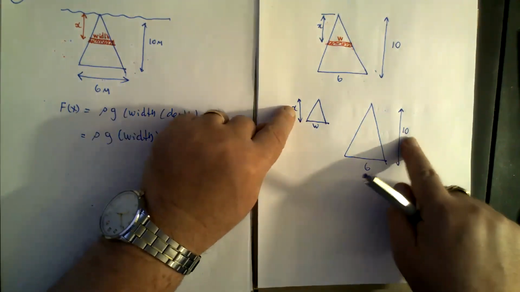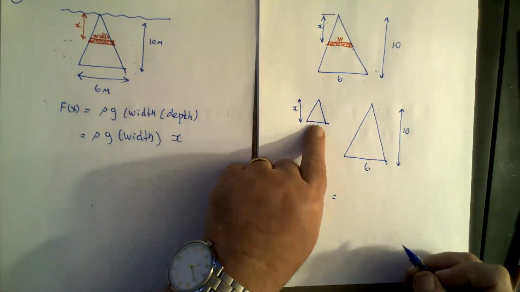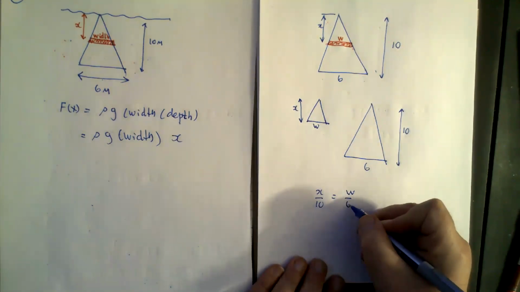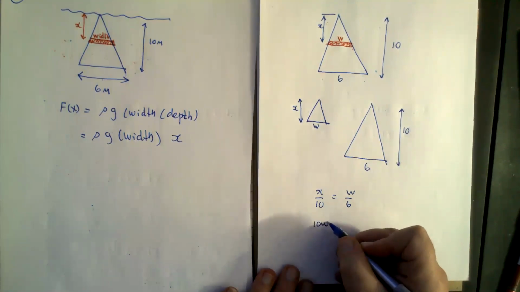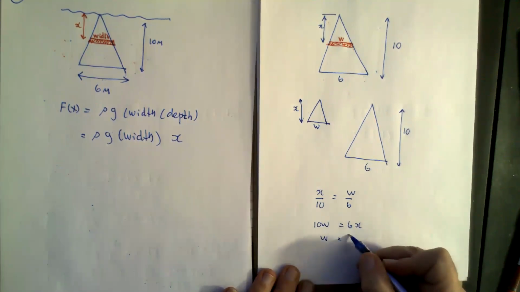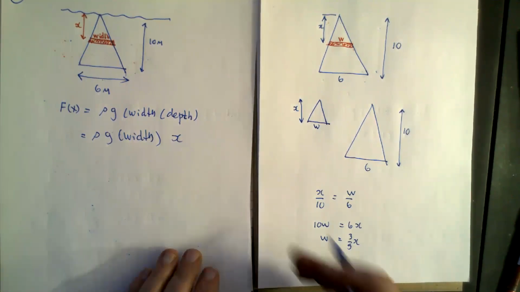Essentially, X divided by 10 will be the same as W divided by 6. And now I'm going to solve for W. Cross multiply. Divide both sides by 10. And that is W, 3/5 X. Told you it was going to be X.